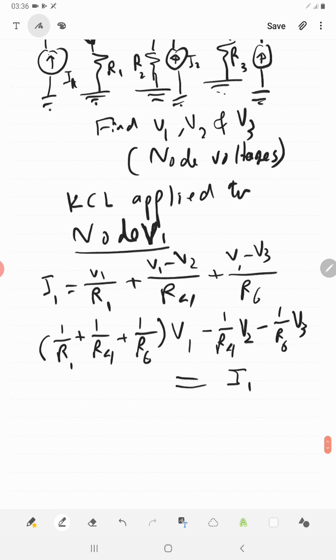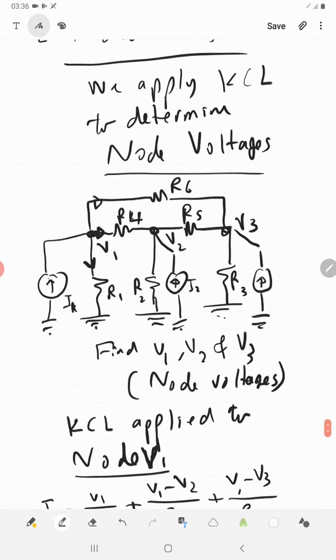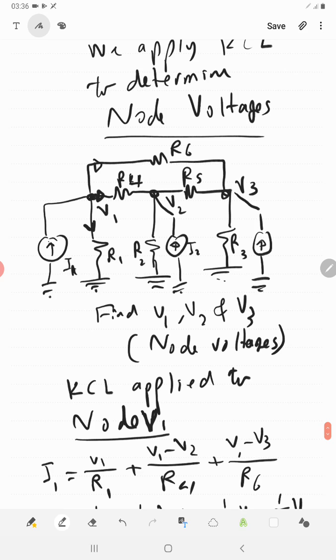If we look at it here, what we did for the node V1 equation: we took all the resistors connected to that node, which are R1, R4, R6, and summed 1 over R1 plus 1 over R4 plus 1 over R6 times V1.